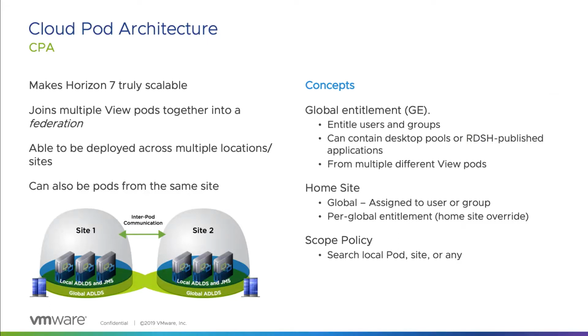So when his users fly to the US, he gets connected to a URL called vdi.company.com, and that gets redirected to the US, right? So as you can imagine, latency is a very, very big consideration for a VDI environment, and Cloud Pod helps you to solve that, right?